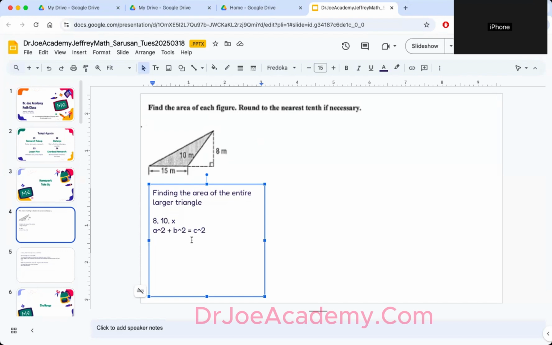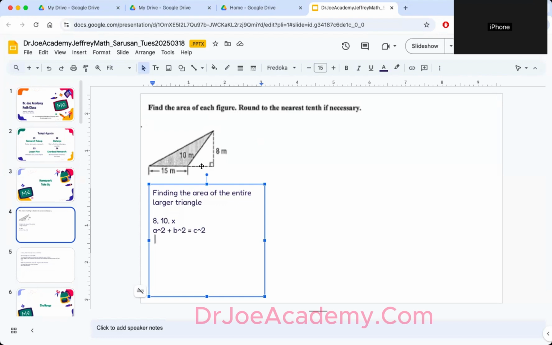All right, so why are we doing that? We're trying to find the missing side length, right? This bottom dotted line. And once we find that, then we can find the area of the dotted triangle, and then the area of the large entire triangle. Then we subtract them from each other to find the area of the shaded triangle.